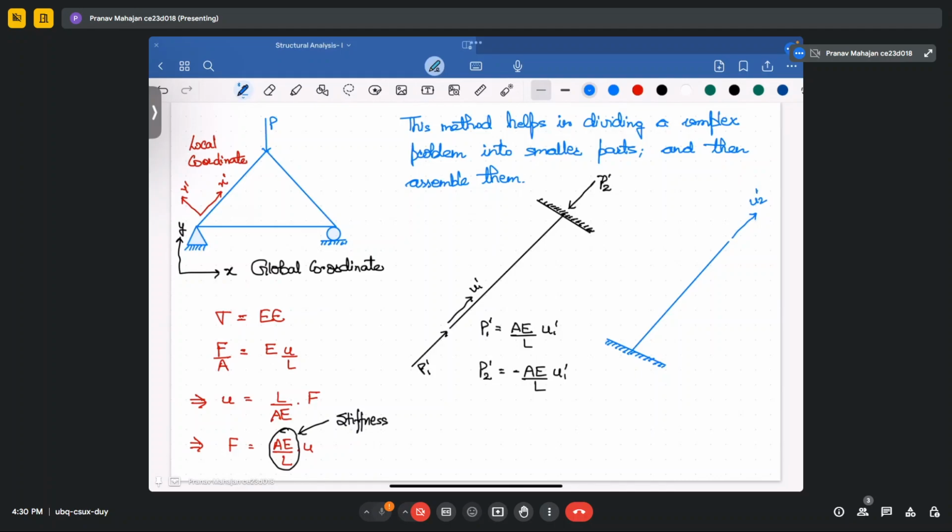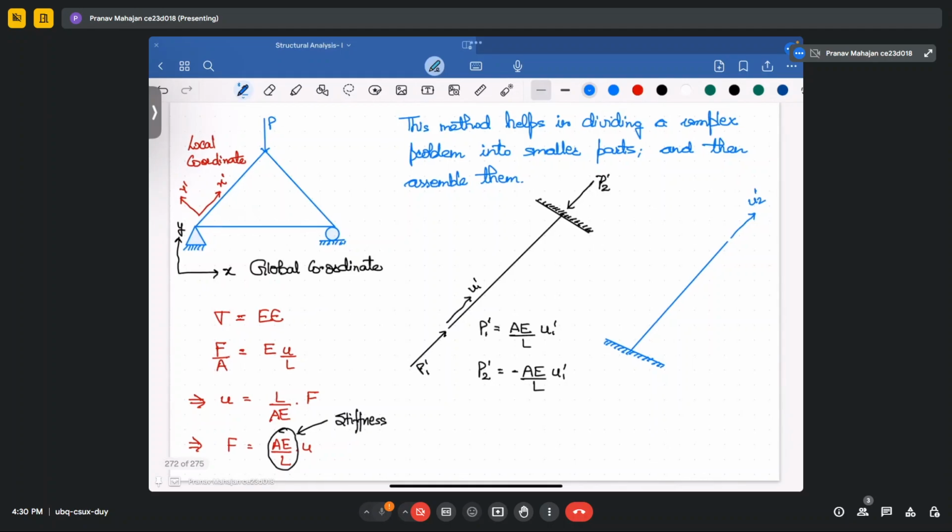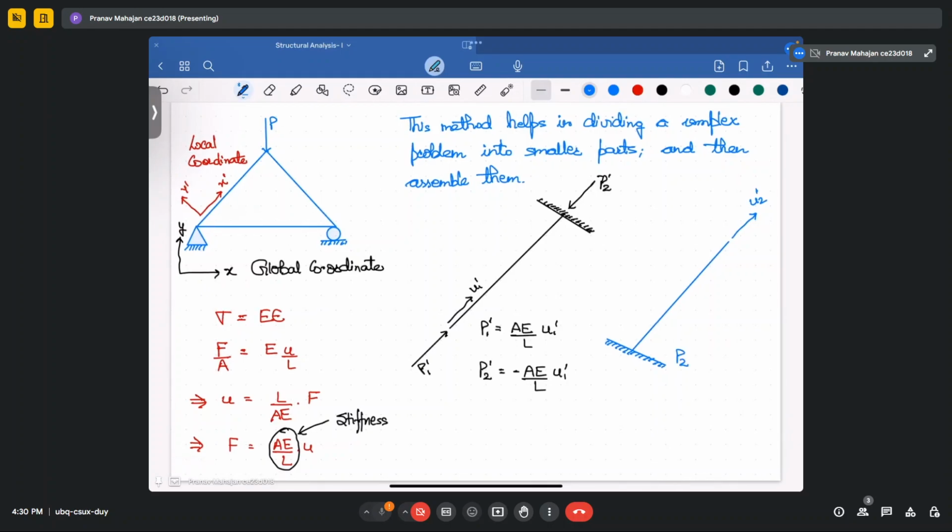So now in this case your p2 double dash will be equal to ae upon l into u2, and your p1 double dash will be equal to minus ae upon l into u2.